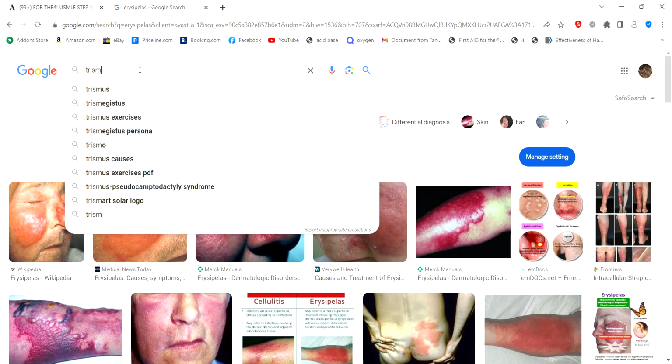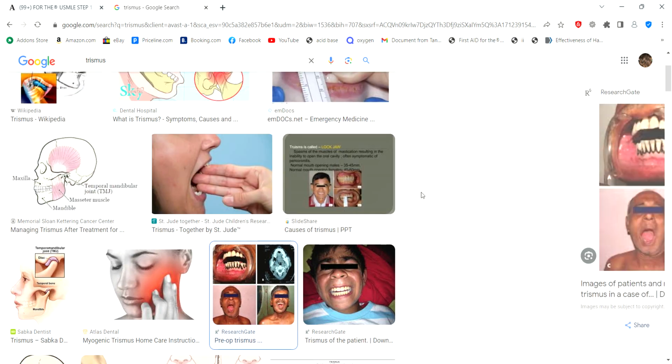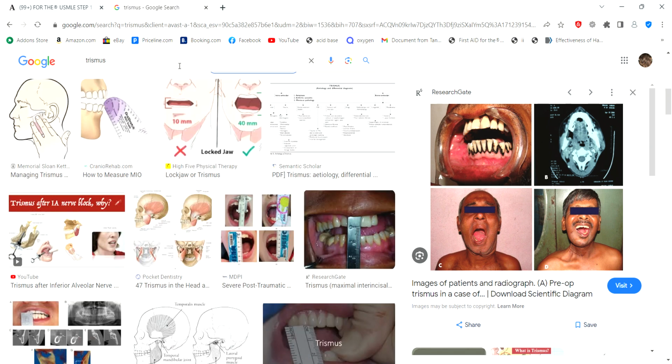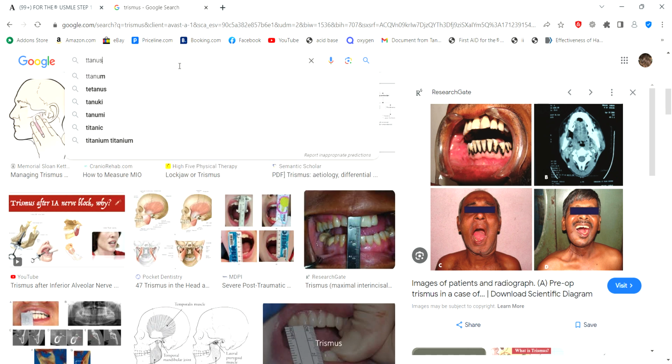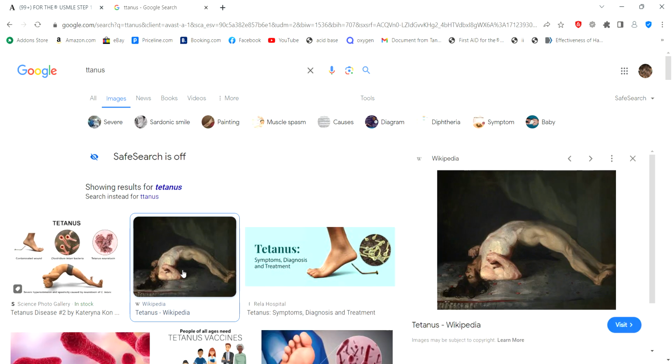Trismus. Yeah. See, these muscles are overly stimulated, and tetanus. Muscles are overly excited. Tetanus. See that?